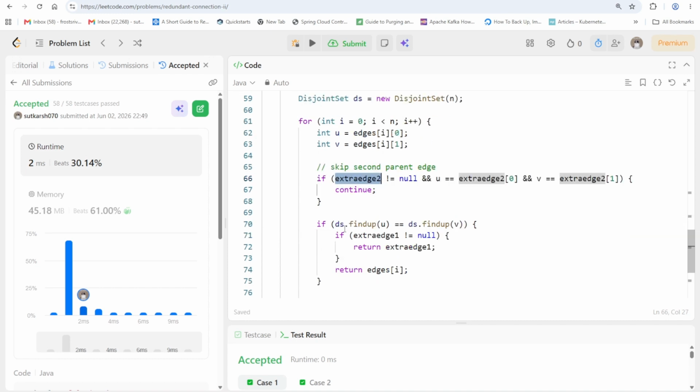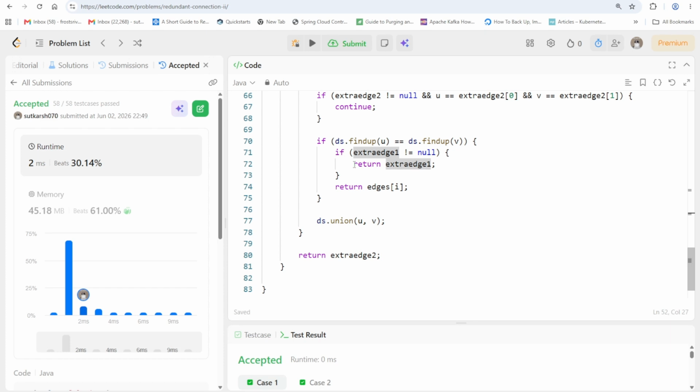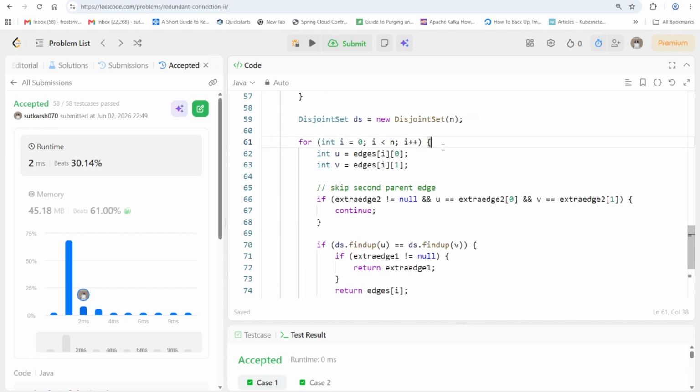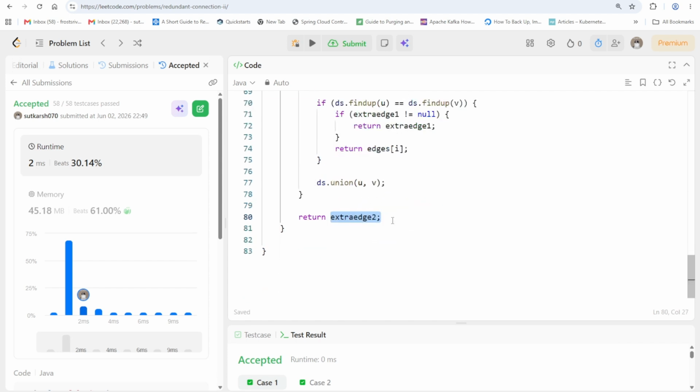Now we try to find whether the cycle still exists by skipping extra edge 2. If the cycle still exists after skipping extra edge 2, then the other edge, extra edge 1, is the edge that we need to return, which is causing our two-parent node. At the end we are just doing the union of the two nodes. And if our loop ends and we didn't find any cycle by skipping extra edge 2, it means extra edge 2 itself was our answer.